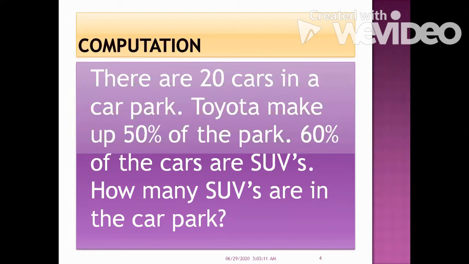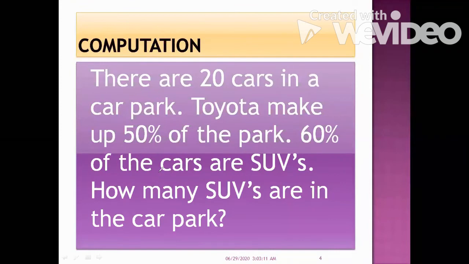I think something is wrong with this question, a little typo. I think we should say 60% of the Toyotas. Toyota makes all sorts of vehicles, right? So that should read 60% of the Toyota cars are SUVs. How many SUVs are in the car park?